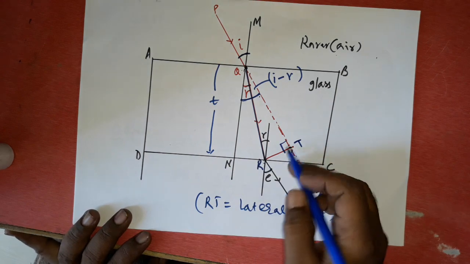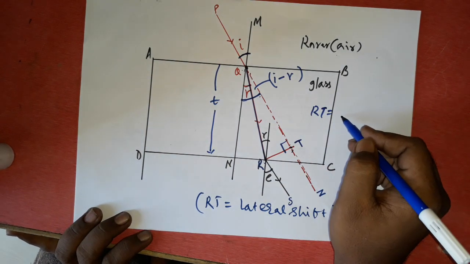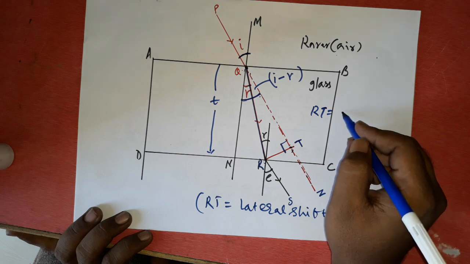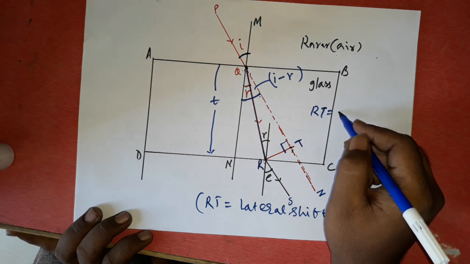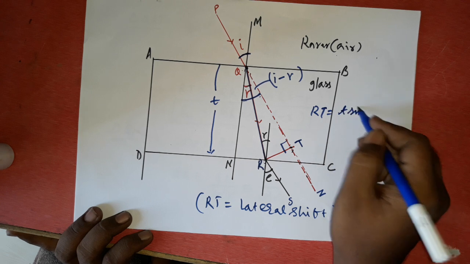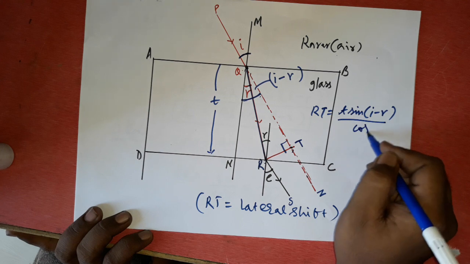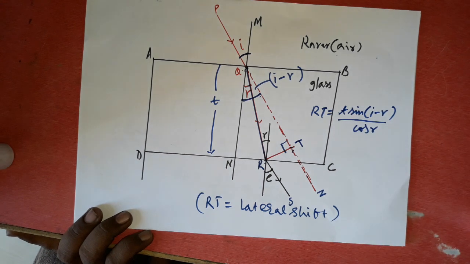RT, this is lateral shift, and this lateral shift is equal to, what we observed is, t into sin(i minus r) divided by cos r.